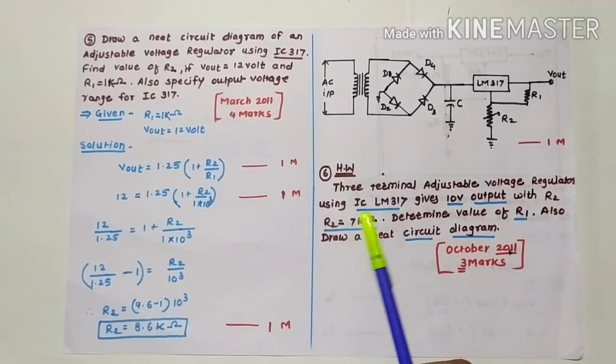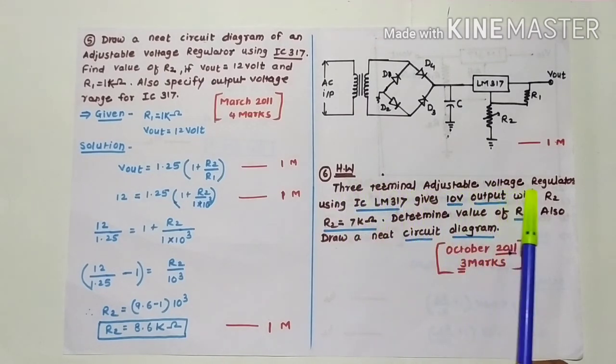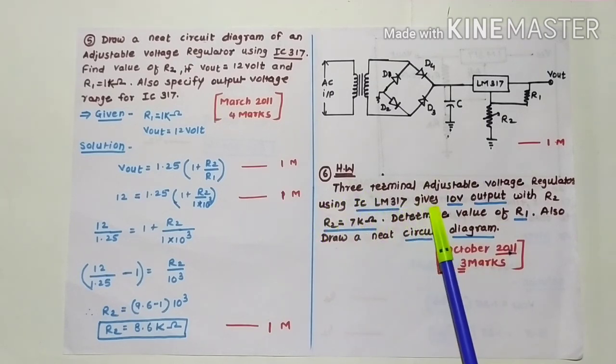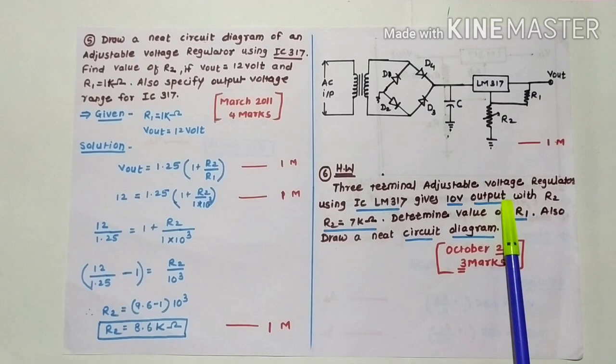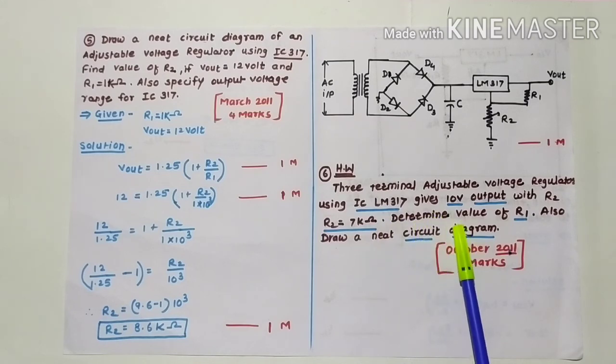Now take this one more example for homework. A 3-terminal adjustable voltage regulator using IC LM317 gives 10 volt output voltage with R2 equal to 7 kilo ohm. Determine the value of R1. Also draw a neat circuit diagram.